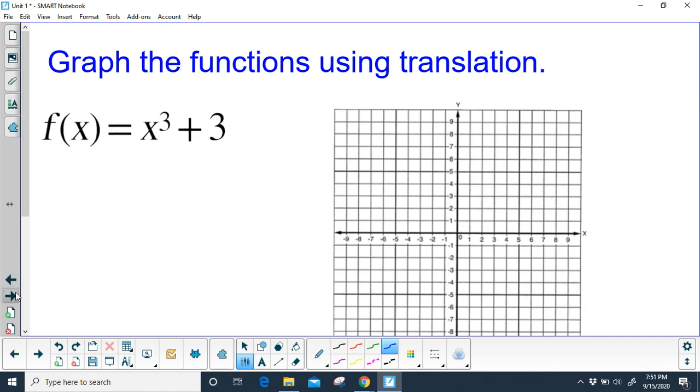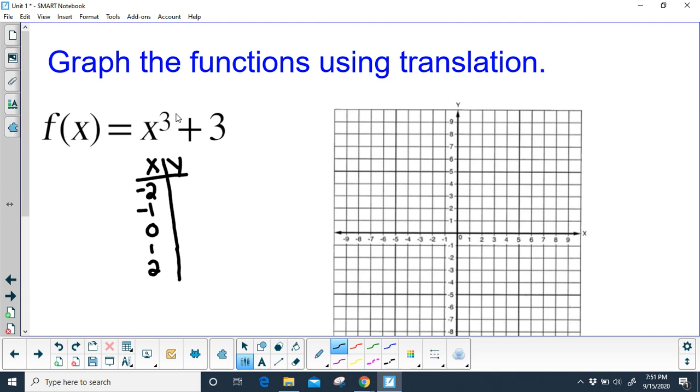Let's look at a few more quickly to get you an idea of how to graph a variety of parent functions and refresh your memory. This parent function is the cubic function. If I want to do a table of values, I can. I can plug in as many numbers as I need to, or as few, just something to help me remember what the shape of the graph looks like.